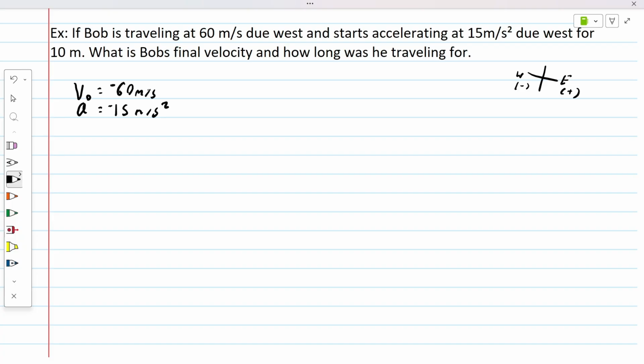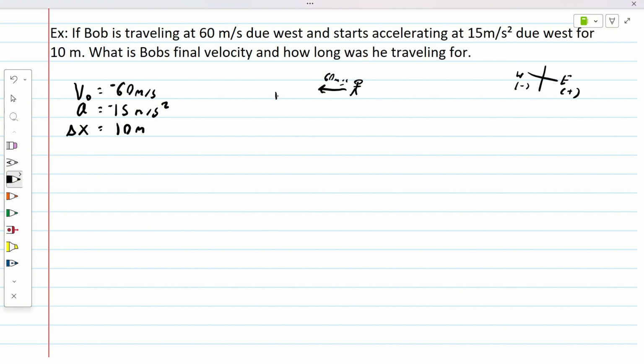And then finally we're given that it's for 10 meters. So we know that the change, and we'll just use x here, is going to be 10 meters. But since he was traveling west, that change is also going to be west. So if we draw a quick picture here, we have Bob right here, and he's traveling 60 meters per second.